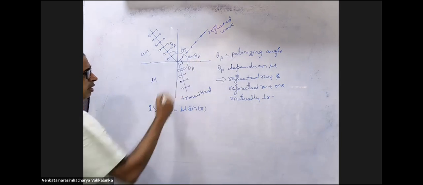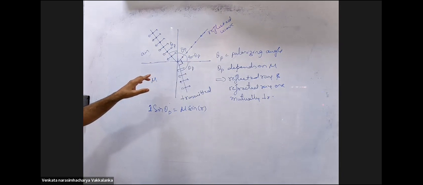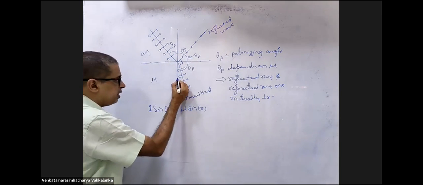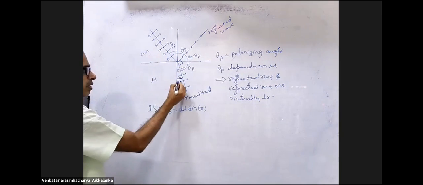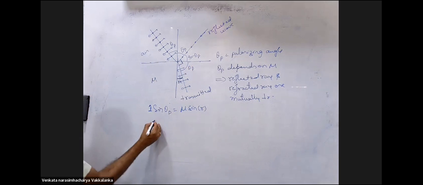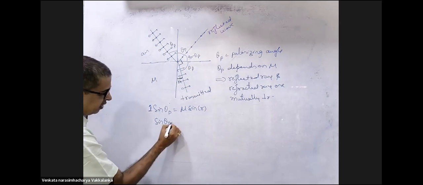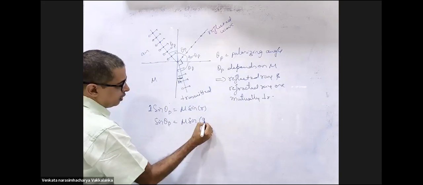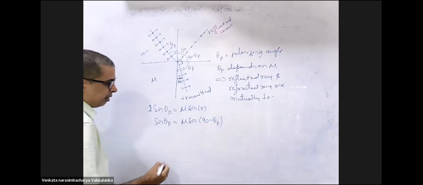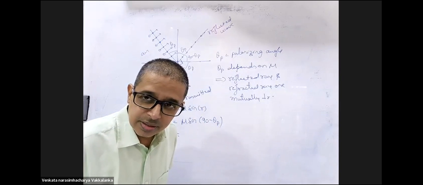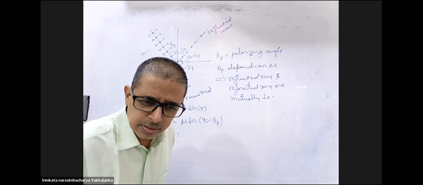You are telling me theta p. Now what will this be? What will this angle be? This is r. R plus theta p should be 90. So I will have sine of theta p is mu into sine r, which is sine of 90 minus theta p. Sine 90 minus theta, cos theta.